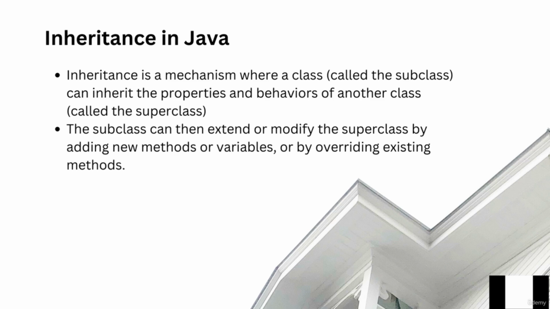So, inheritance is a mechanism where a class can inherit the properties and the behavior of another class. The subclass that is created can extend or modify the superclass by adding new methods or variables or by overriding existing methods. Let's see an example.